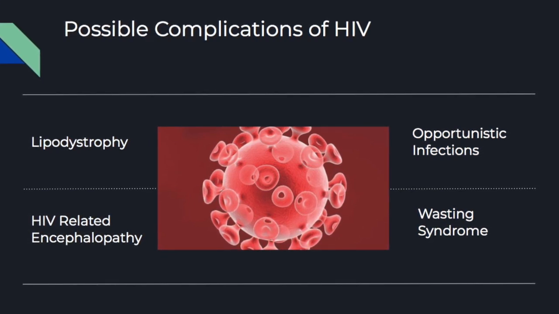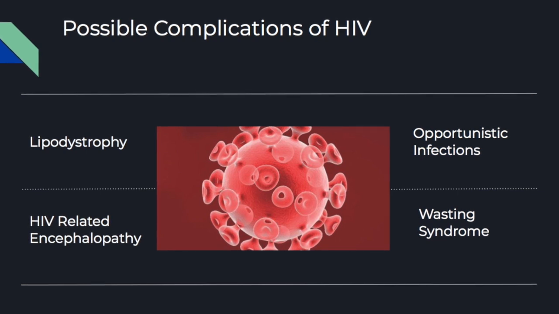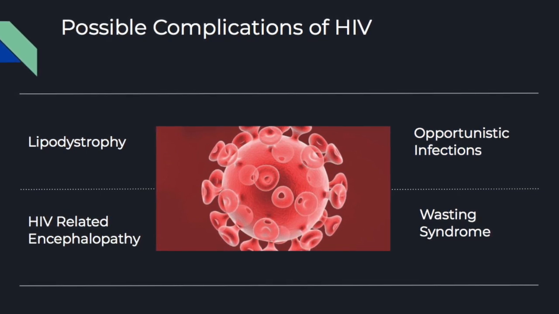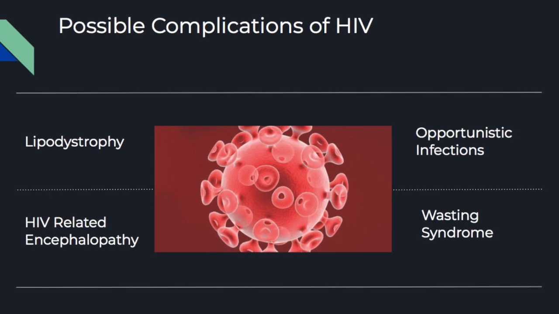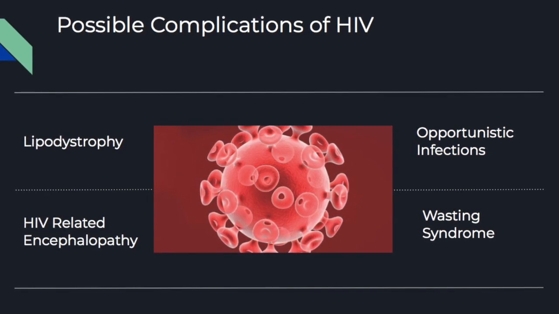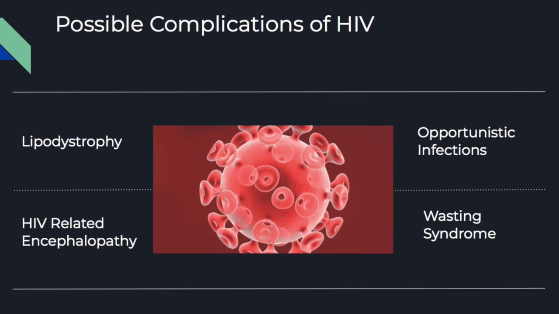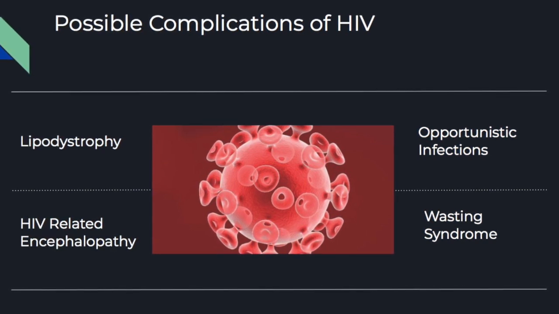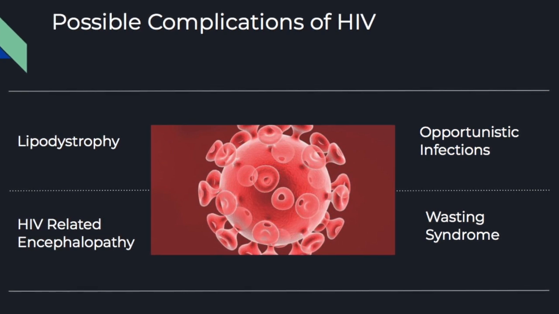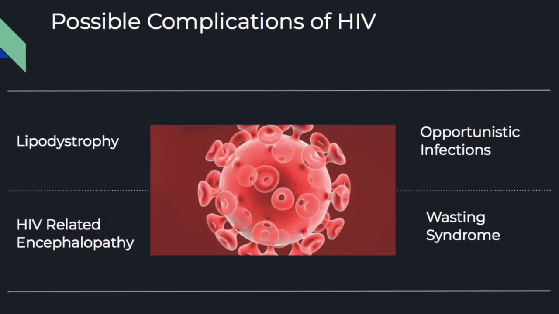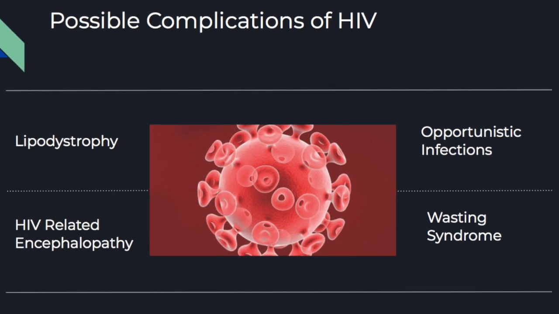Another complication is known as HIV-related encephalopathy. This is referred to as HIV-related dementia, which is a degenerative brain condition, and it affects people with CD4 counts of less than 100. Another possible complication of HIV is opportunistic infections.